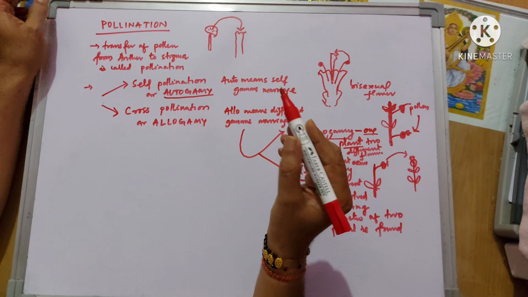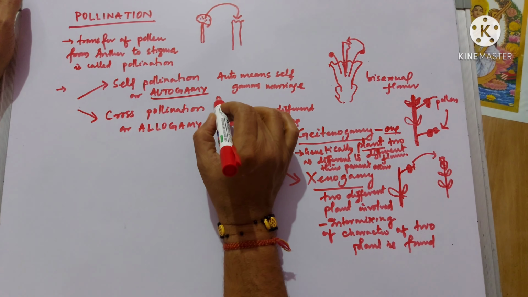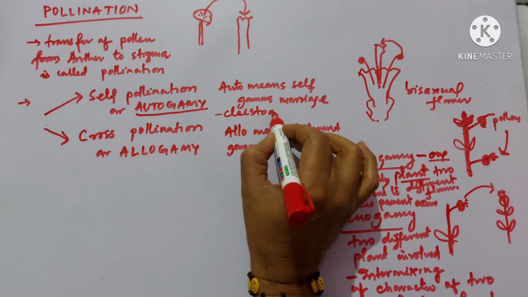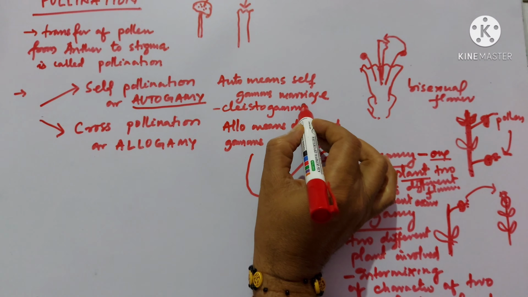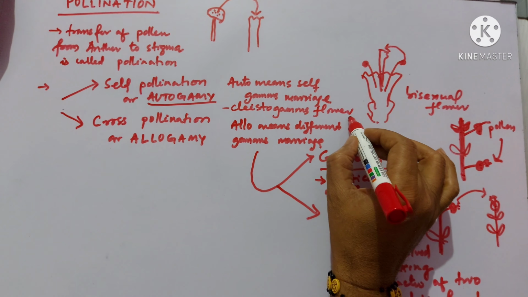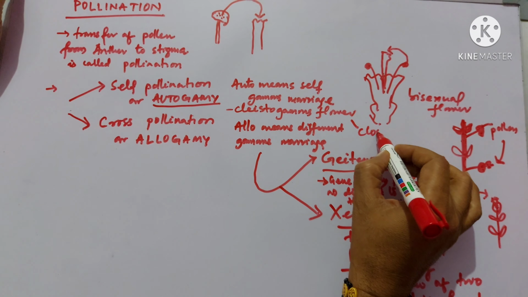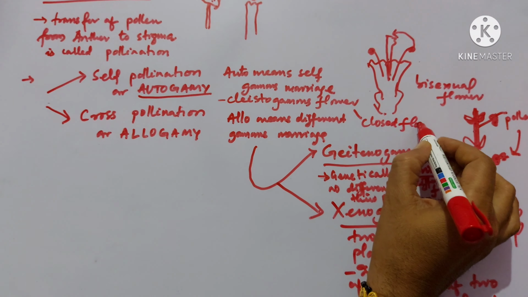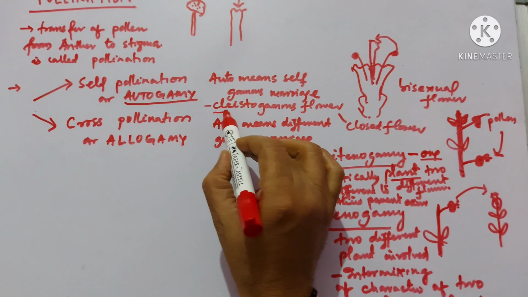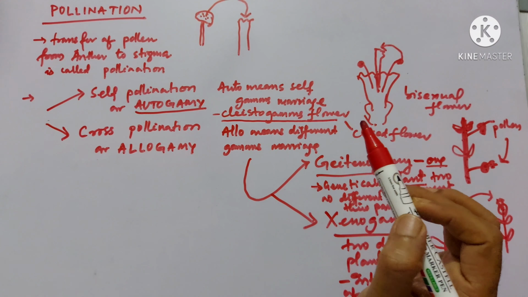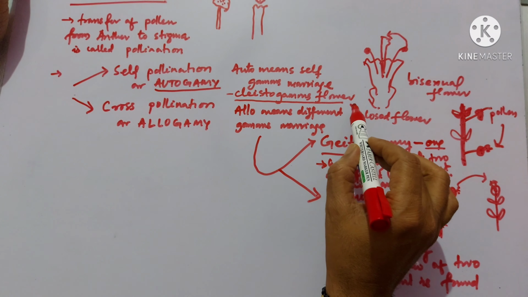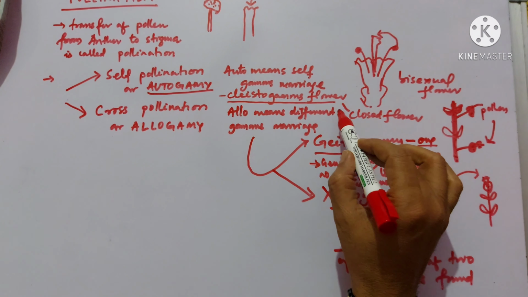The self-pollination process better favors the cleistogamous flower, which means the closed flower. In a cleistogamous flower, the flower does not open, so both the male and female parts lie inside the flower and it never opens.